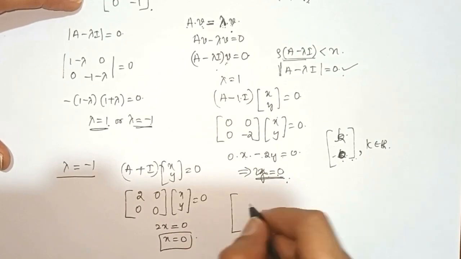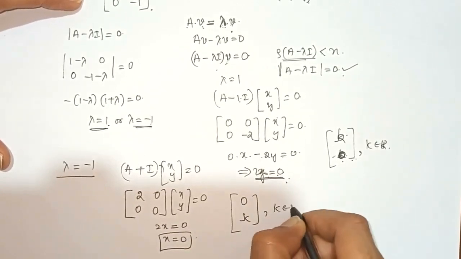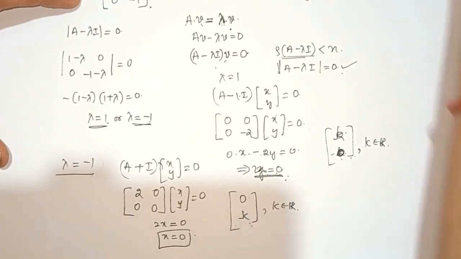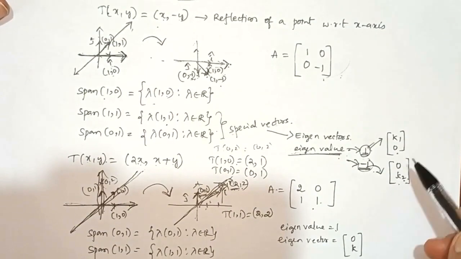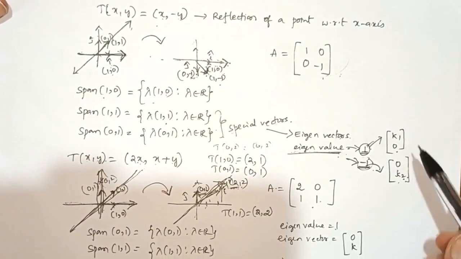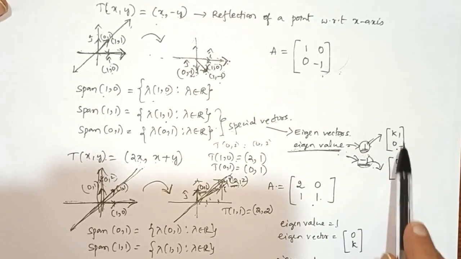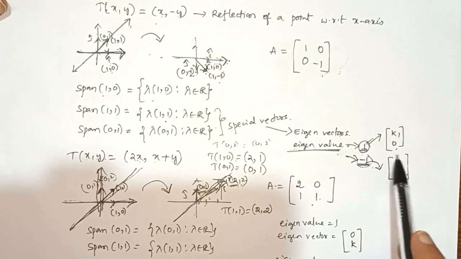So in this case, x is 0, y can be any value k belongs to R. Therefore, the eigenvector corresponding to the eigenvalue minus 1 is of the form 0 comma k. The same thing we had explained here. I had taken k1, k2, that's it. You can mention any other variable. The eigenvector corresponding to the eigenvalue 1, we got as k1, 0, and corresponding to the value minus 1, 0, k2.